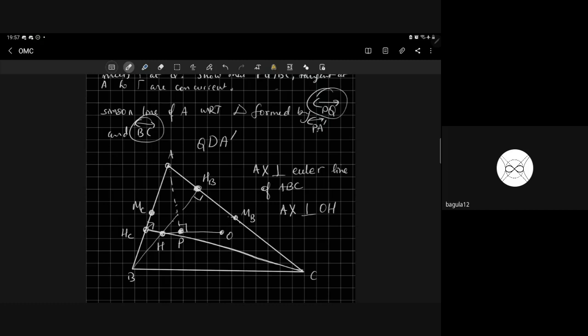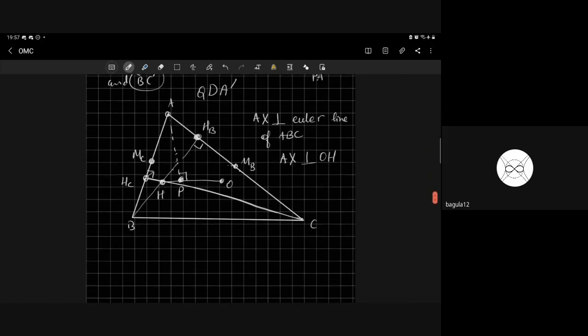Can you give me some cyclic quadrilaterals from here?